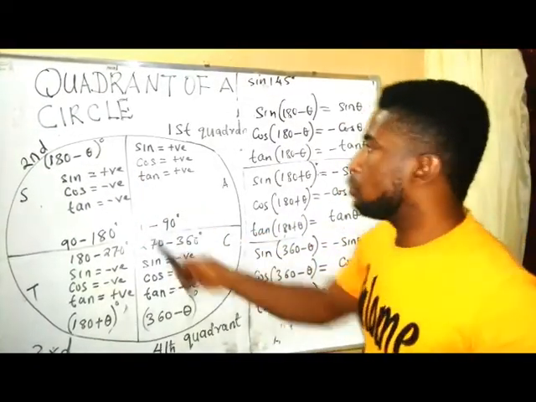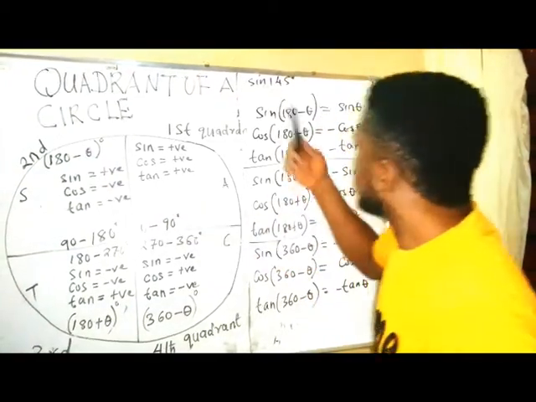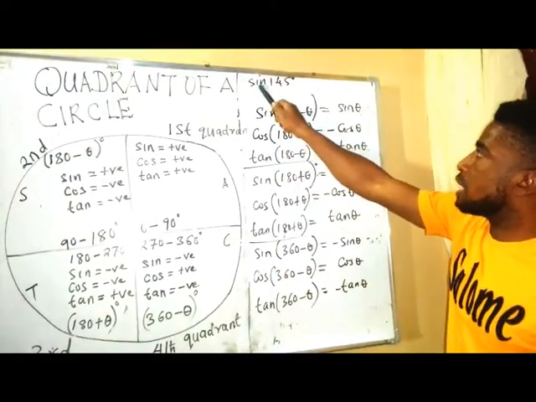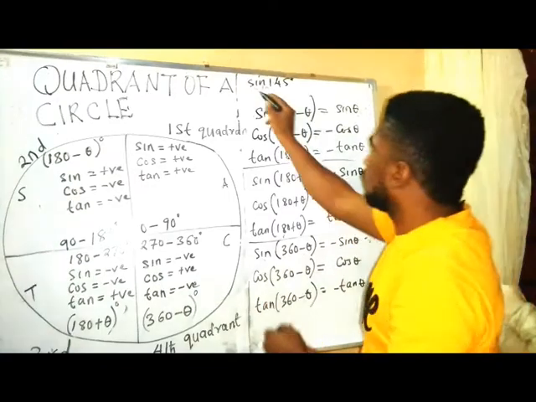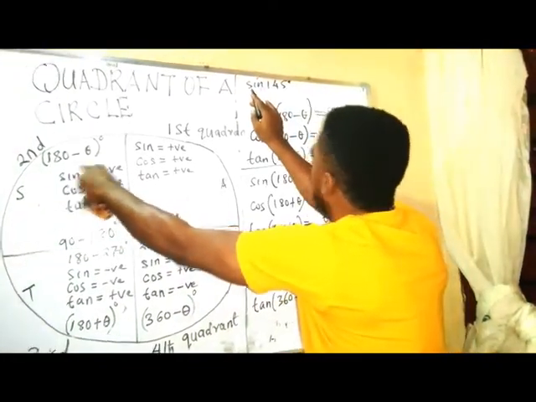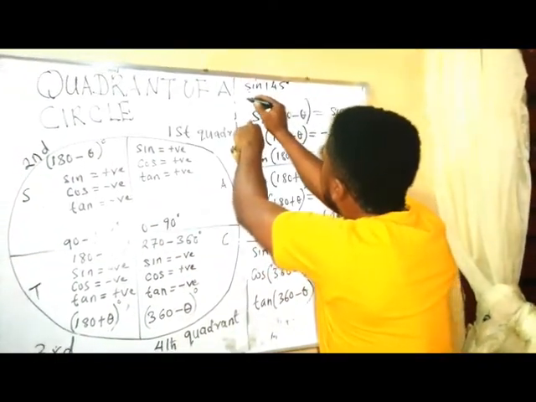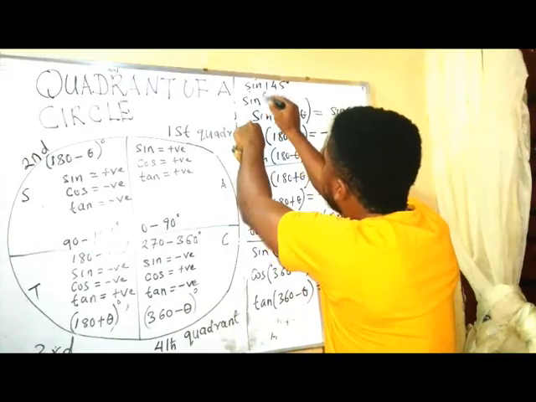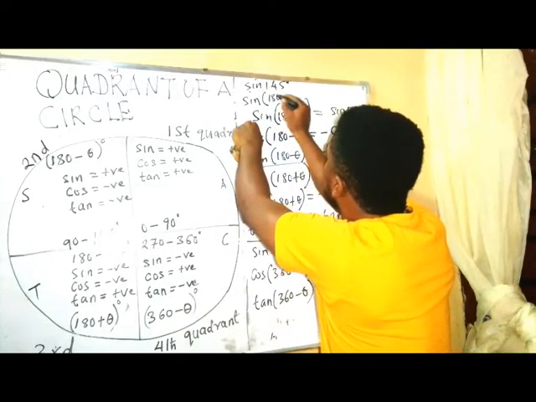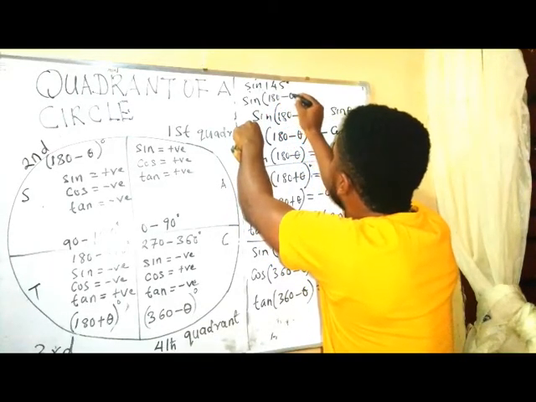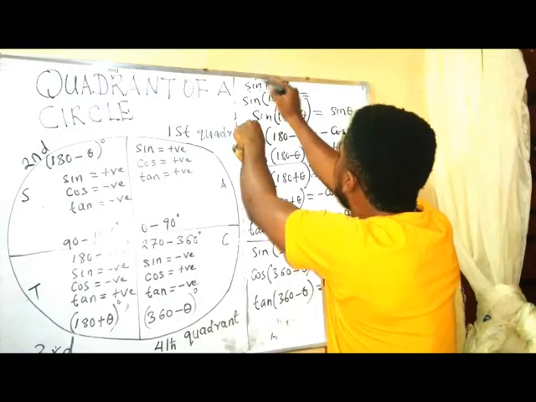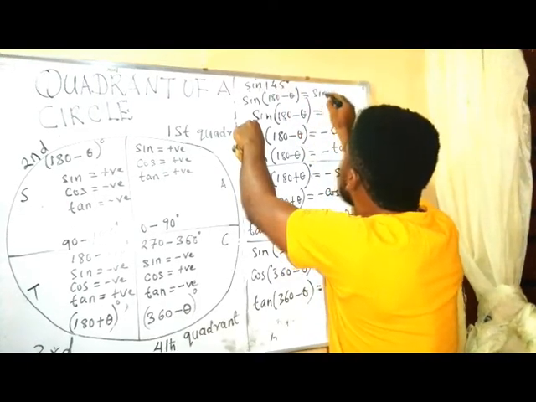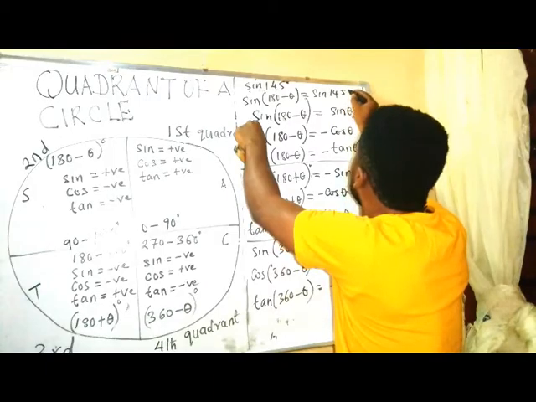So I'm going to use this connection, and since the question is talking about sine, I will ask myself, what sine of 180 minus theta will give me this sine 145 degrees.